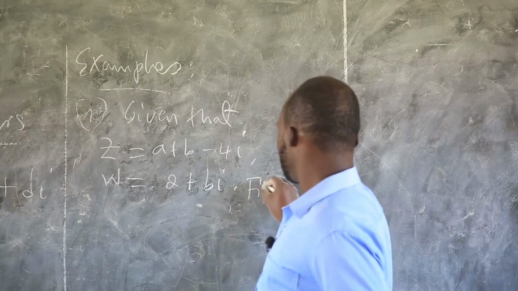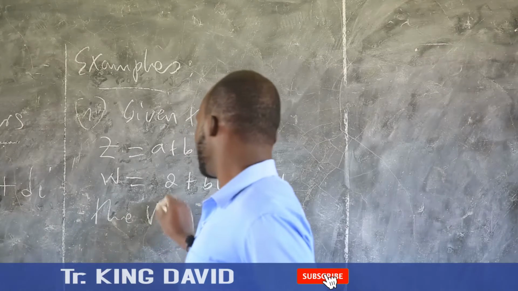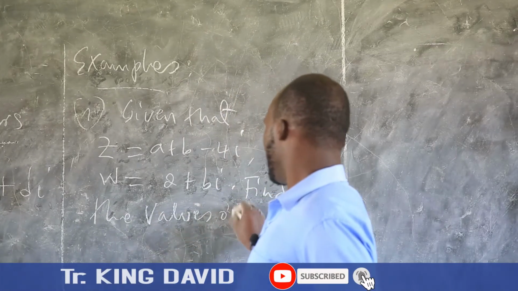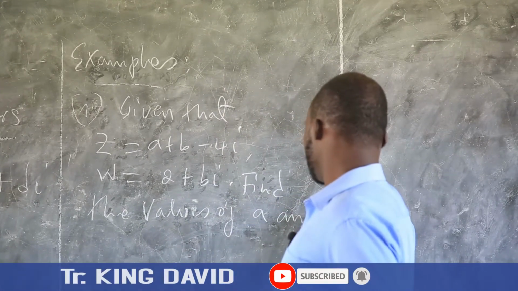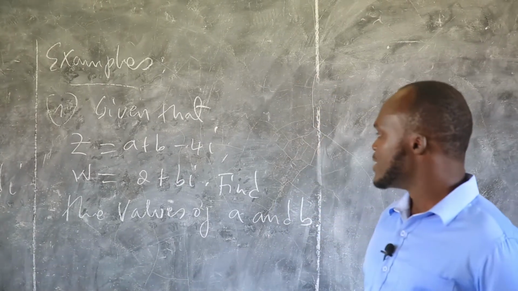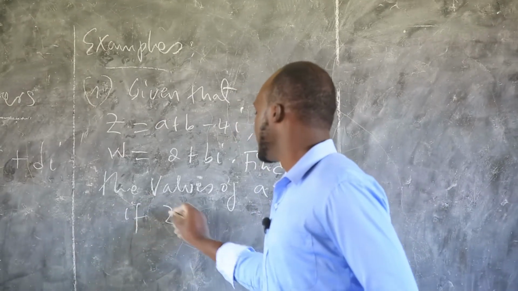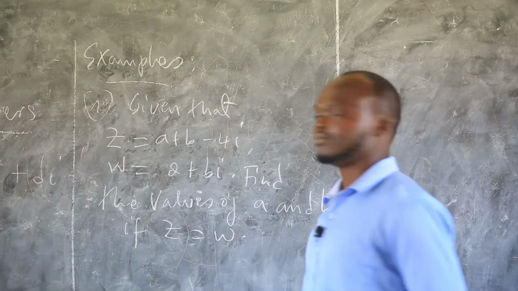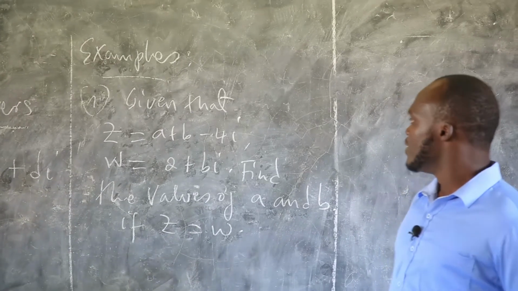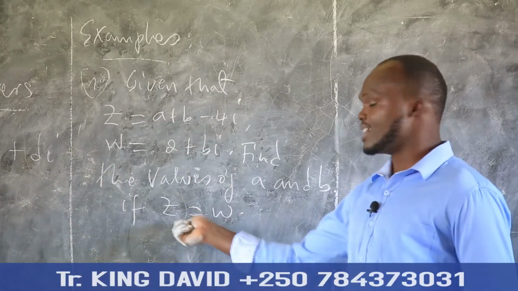Find the values of A and B. So we're going to find the values of A and B, if Z equals W. So that's the question.